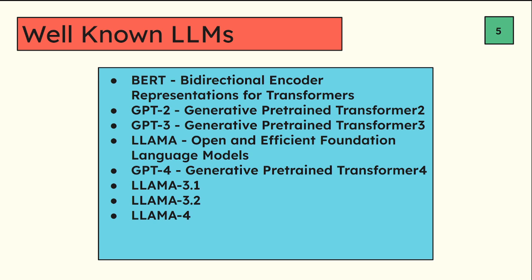Then we have several versions of GPT, which is generative pre-trained transformer. These are the large language models developed by OpenAI, and then we have several versions of Llama. These are the large language models developed by Meta, and then we also have large language models developed by other companies.